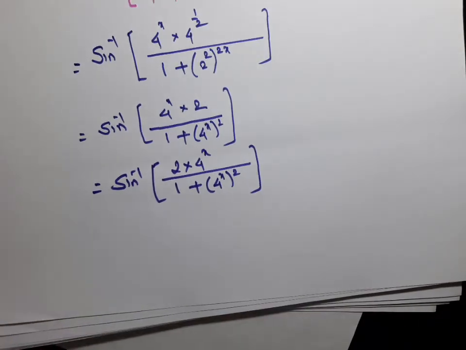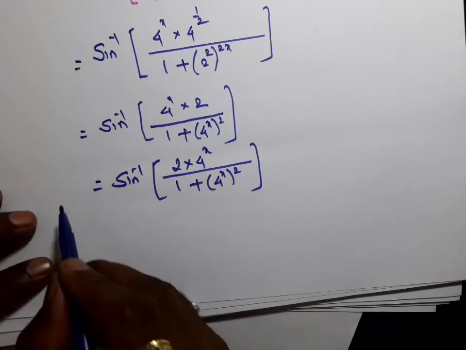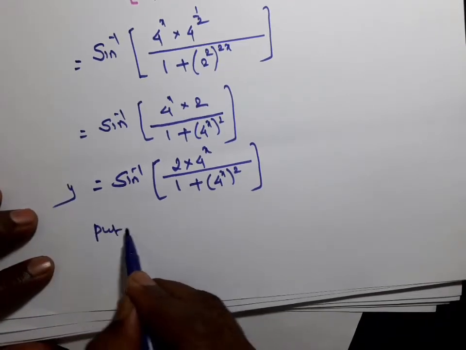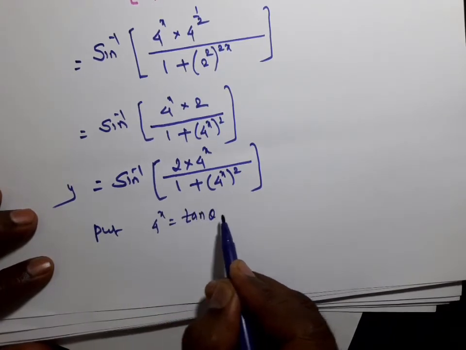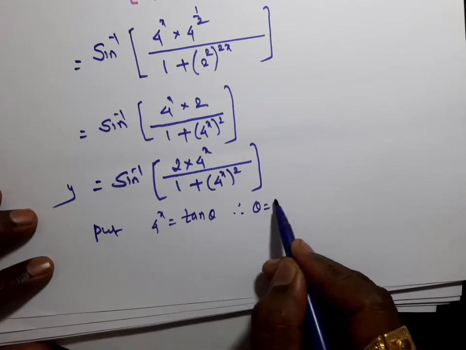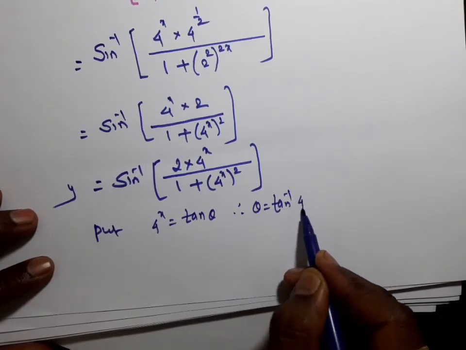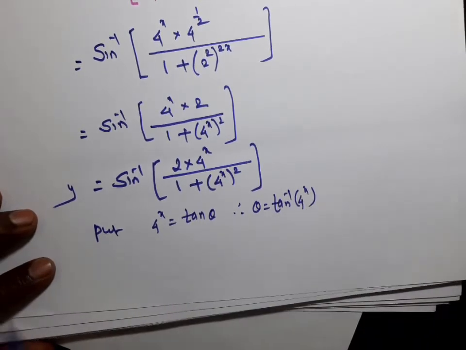Now, as I told you, we are going to use the formula of sine 2 theta in terms of tan. So put 4 raised to x is equal to tan theta. Therefore, theta is equal to tan inverse 4 raised to x.